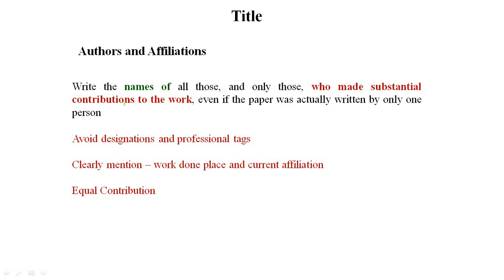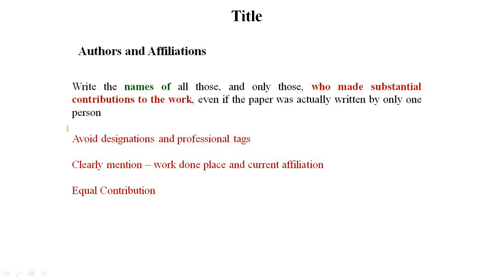The next one, authors and affiliations. When you write author names, always write the first name and then the last name, and don't include any designations like doctor or professor.